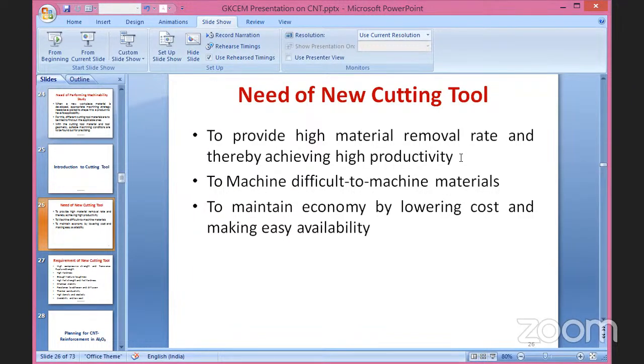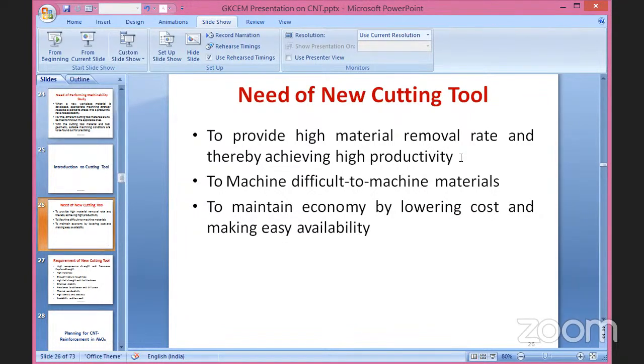Because HSS, you know by this time, is a low speed cutting tool material, although the name is high speed, because more than 50 to 60 meters per minute you cannot go. Even 60 meters per minute is difficult. But you should note that nowadays special types of HSS are also developed, which can cut up to say 80-90 meters per minute.